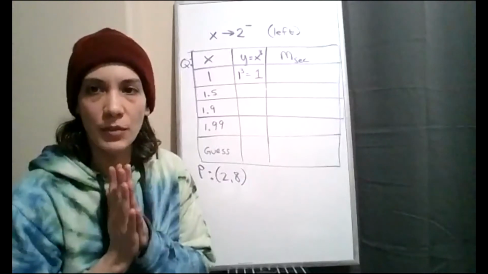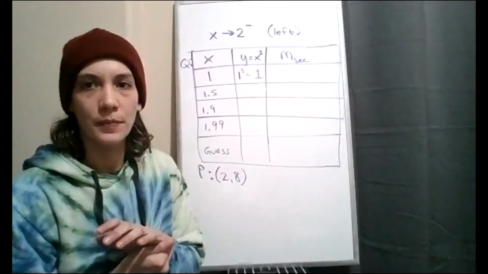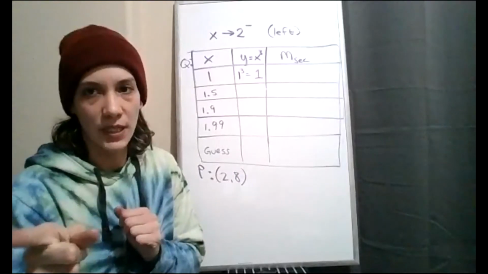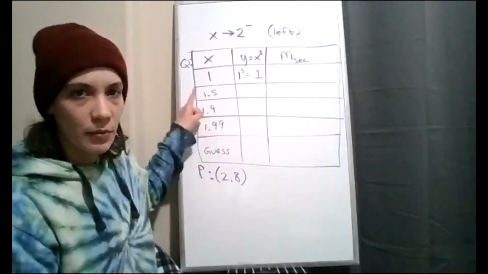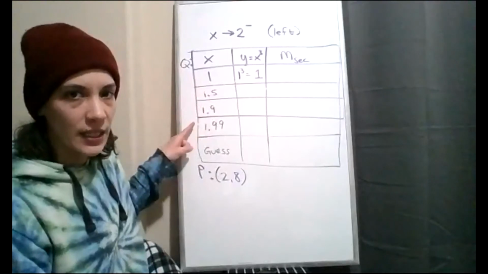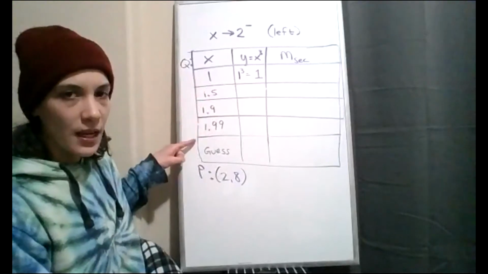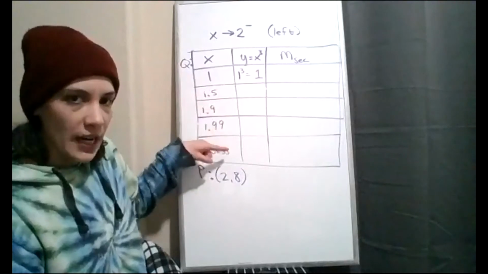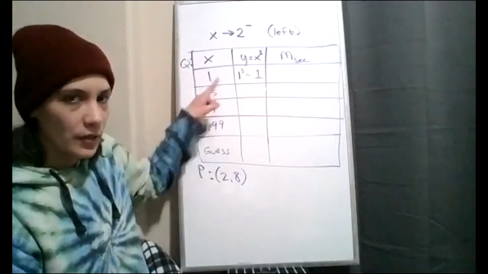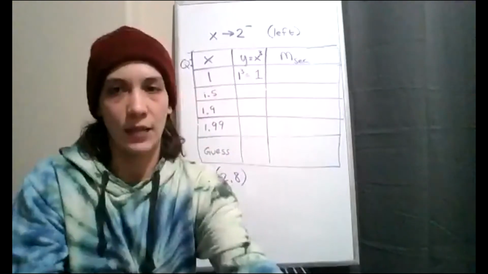Yes, thanks for the help in the chat. So we're plugging in inputs of 1, 1.5, 1.9, 1.99. And then I'll show you the calculator I use, and we'll work through getting the outputs.